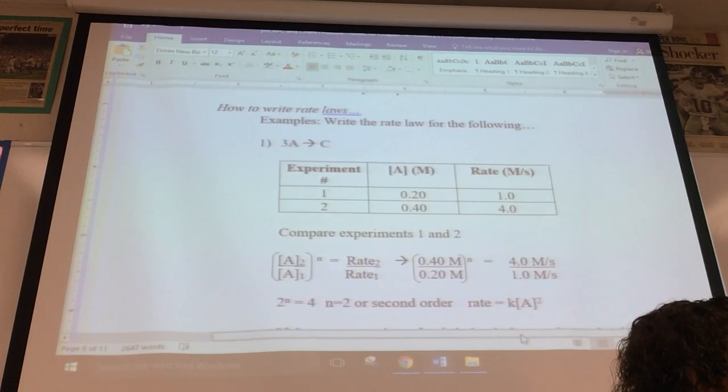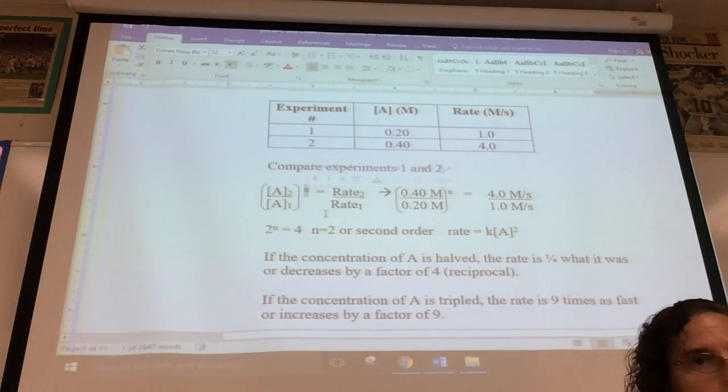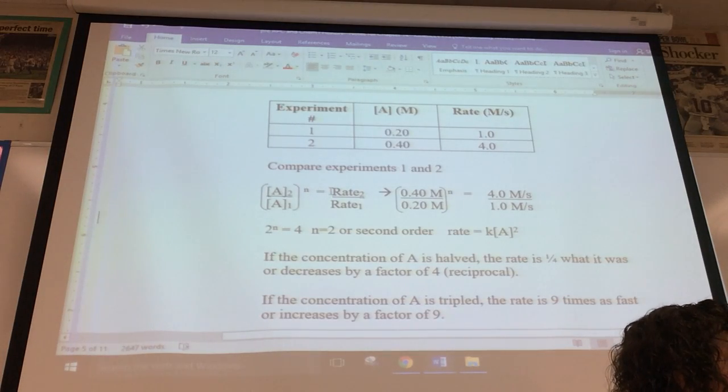If we compare these 2 experiments, I'm going to look at the concentration of A in experiment 2. I'm going to compare it to the concentration of A in experiment 1. I'm going to raise that to some power n. And I'm going to compare this fraction raised to n to the 2 rates, rate 2 and rate 1.